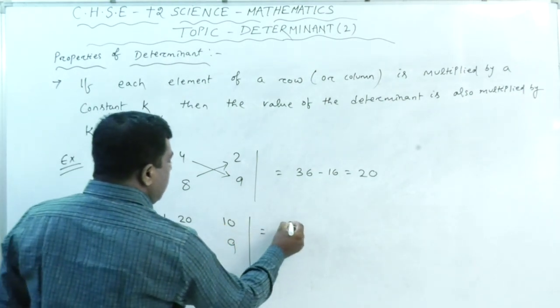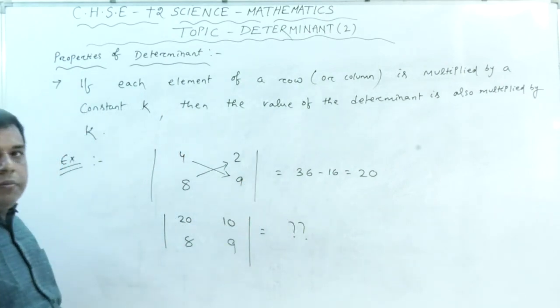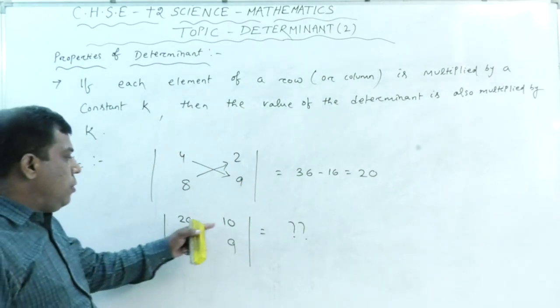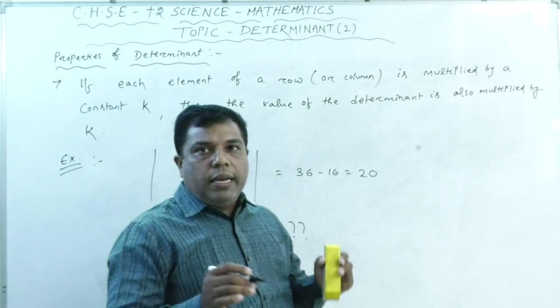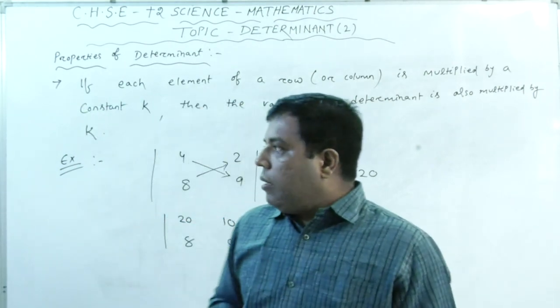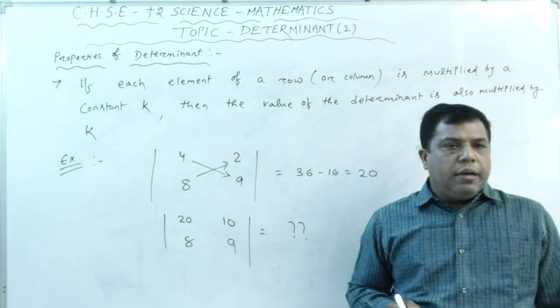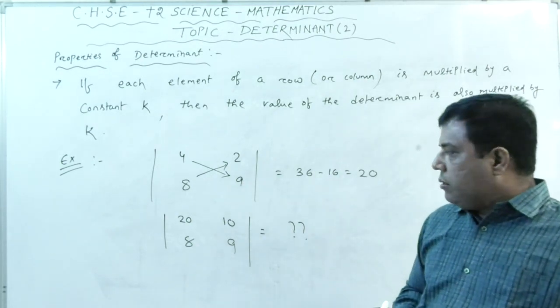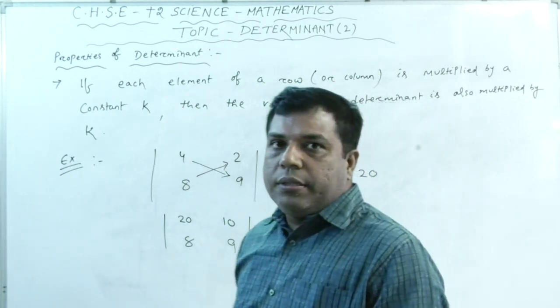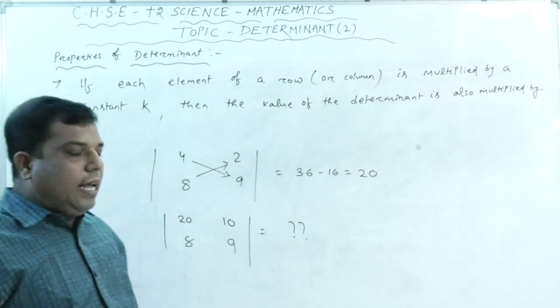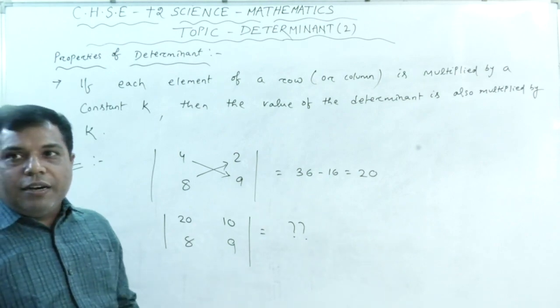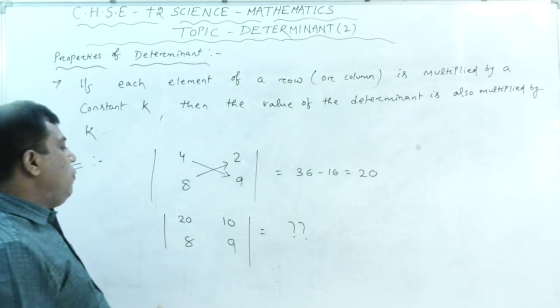Now somebody asks you what is the value of this determinant. You see a constant value is multiplied with row 1, with the elements of row 1. Then what is the value of this determinant? Yes, dear students, who can answer it? Okay, you can answer it. Now let us go for the verification. The value is 100.